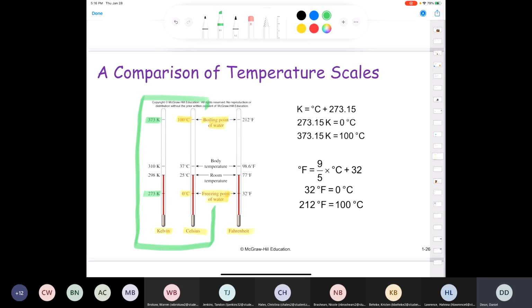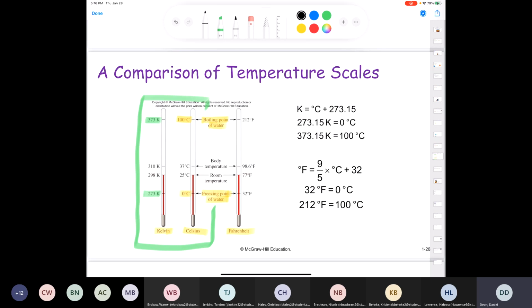Well, if 273 Kelvin is the freezing point of water, the Kelvin temperature scale is based on something called absolute zero. Let me explain that to you right now.